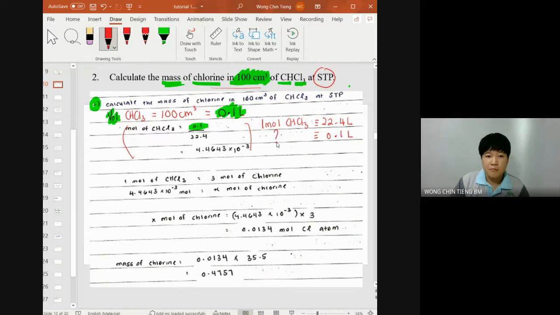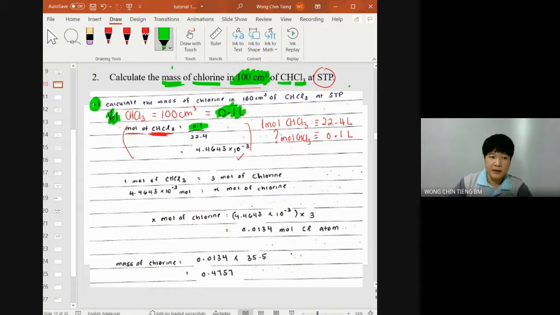How many mole of CHCl3? Okay, so dia akan jadi bahagi juga. Memang dia akan jadi bahagi. Jawapan dia adalah 4.46. Okay, that is the mole of CHCl3. Dia dah label dah kat atas, mole of CHCl3. Okay, saya terima. So far saya terima. Okay. And then move on.